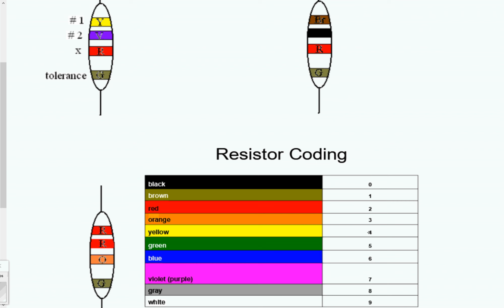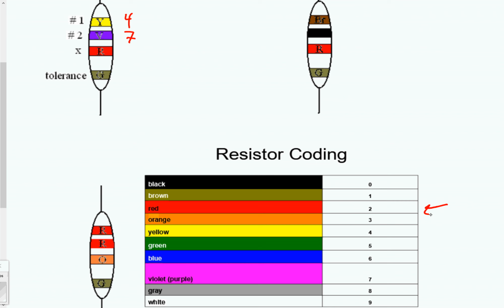If you look at the chart, it says that yellow is represented by the number 4. And violet, purple, is represented by the number 7. My hardest time in real life is on real resistors, actually figuring out the colors. Now, the cool thing is this.